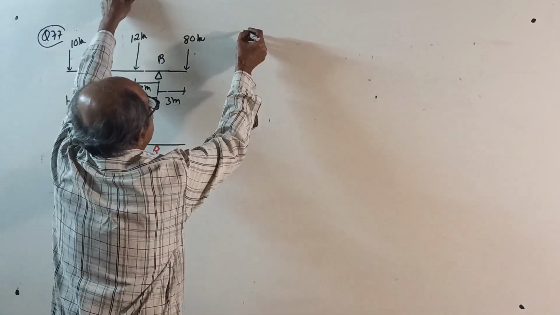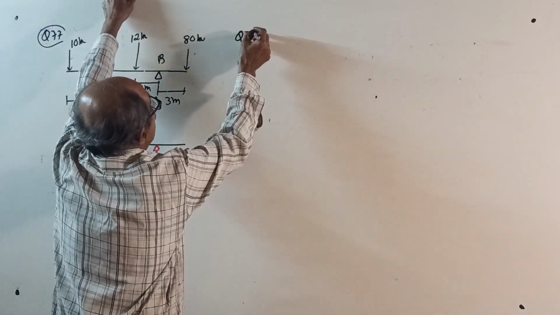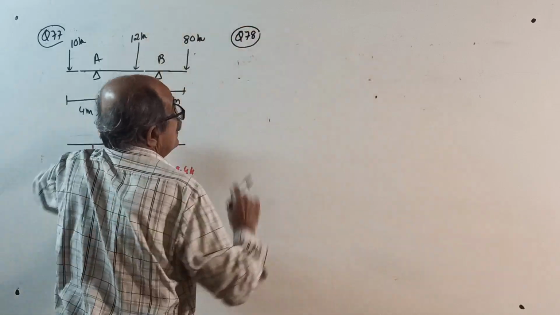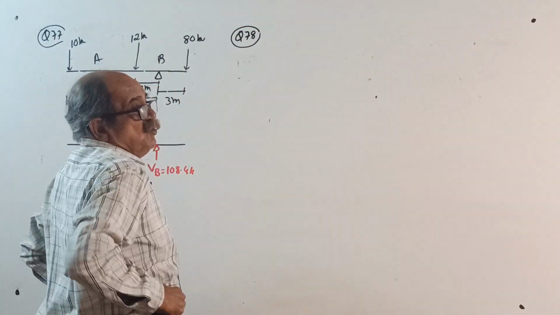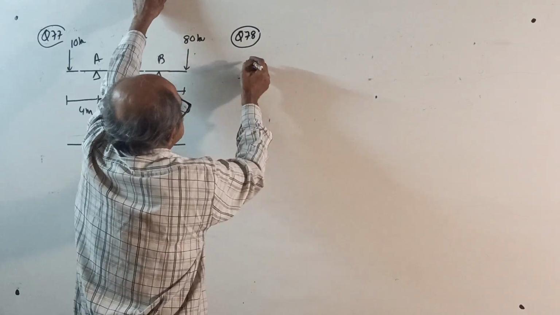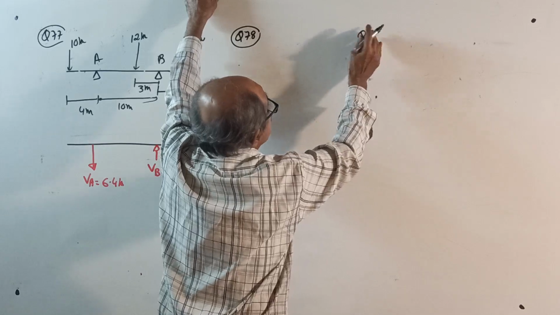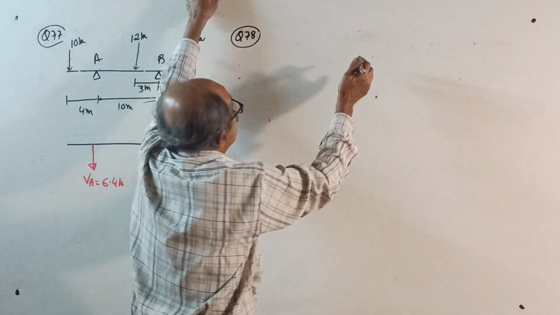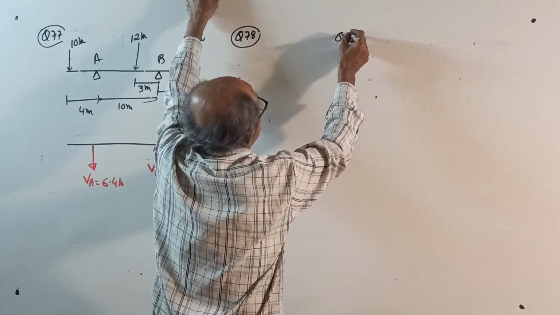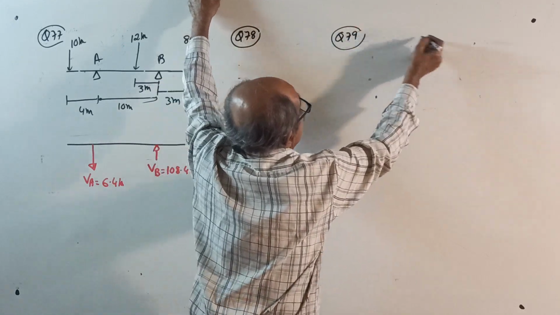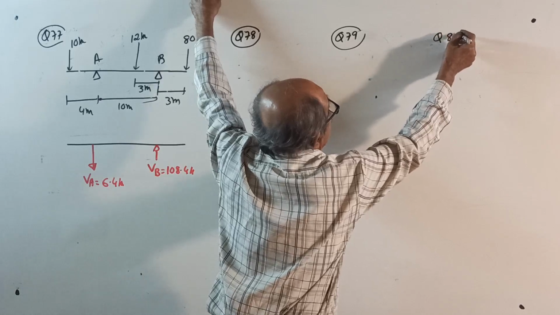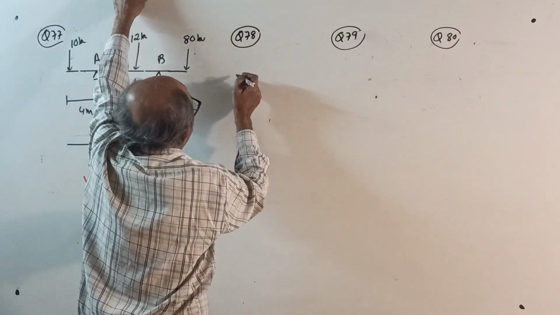Question number 78. Now I am changing over to UDL. 3 questions I will write here: 78, question 79, question 80. These were all discussed earlier, so I will give them briefly. See, I told you what is going on here.